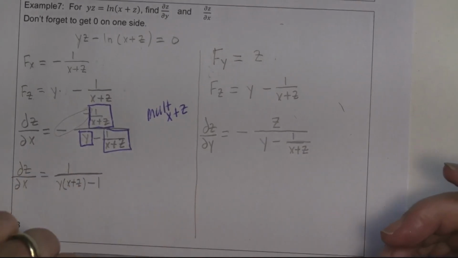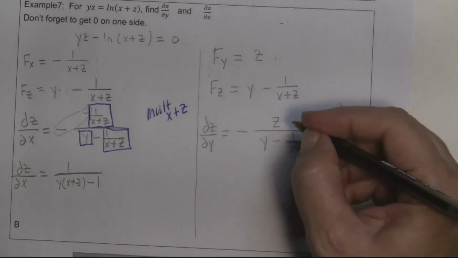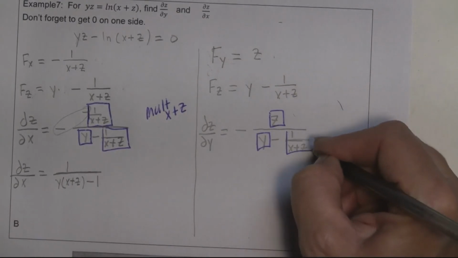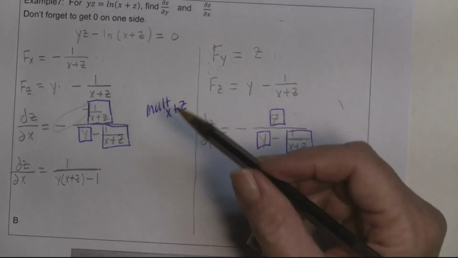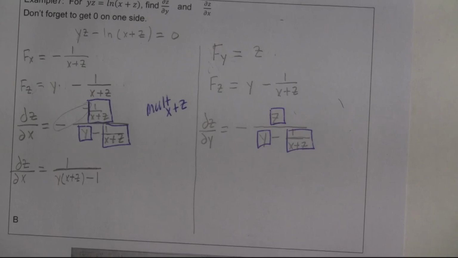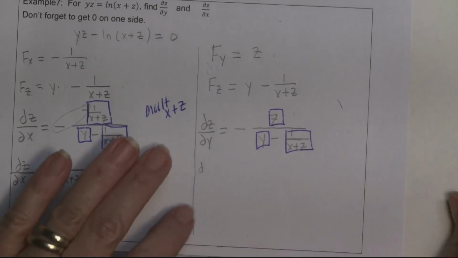And so same thing, multiplying all of my pieces here, here, and here by x plus z. Same thing, because you can't have a complex fraction. Running around with a complex fraction is definitely a no-no on the, hey, make it look a little nicer zone.